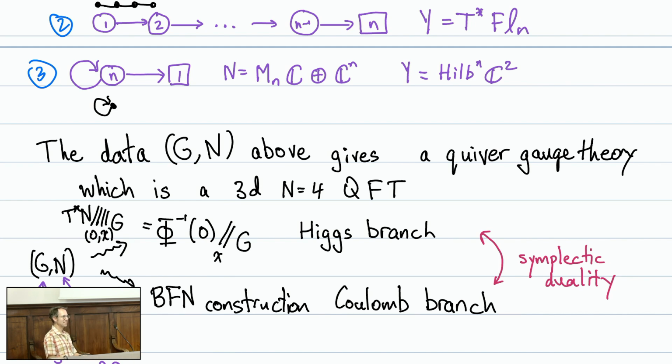Sometimes what you produce this way, you might not like as much. For example, typically this variety is not smooth, even if you take the projective GIT quotient. Typically there are some orbifold singularities. Or things could even go much worse.